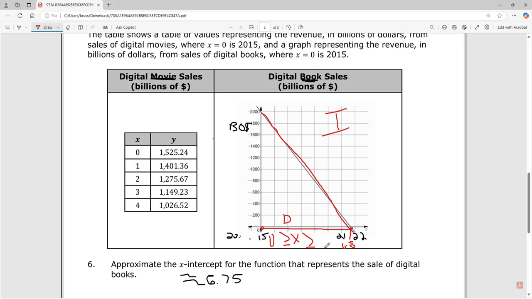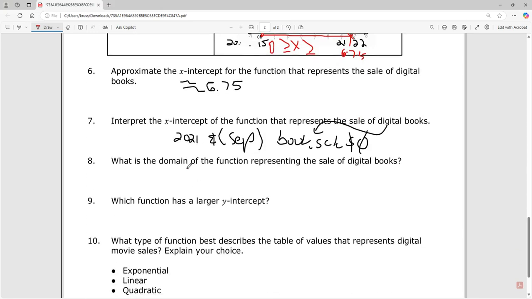So it's 0, 6.75. Remember, we're using the labels for the x-intercept, not their meaning. So x is in between 0 and 6.75. So it's all values of x such that 0 is, this is the wrong way.